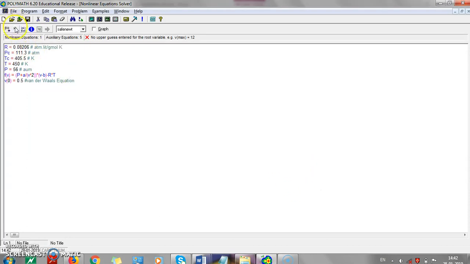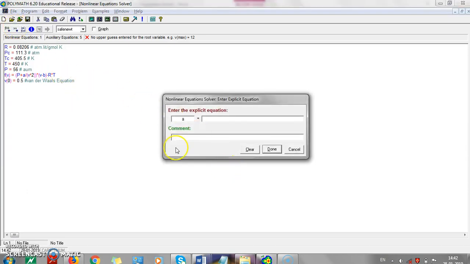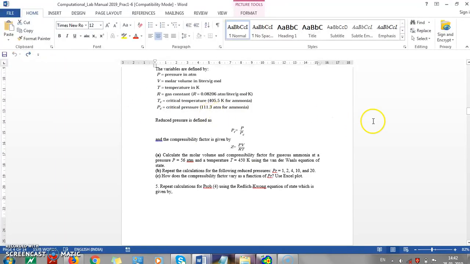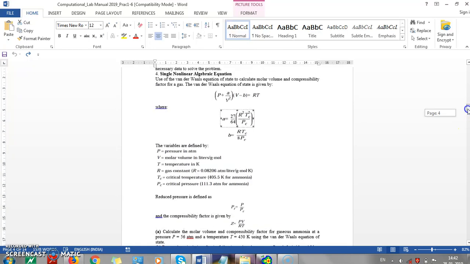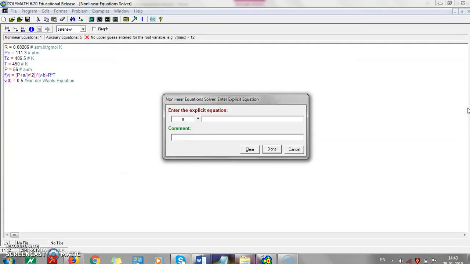Then we have A. A can be calculated by the equation given here, that is 27 by 64 multiplied by R square into TC square upon PC square.